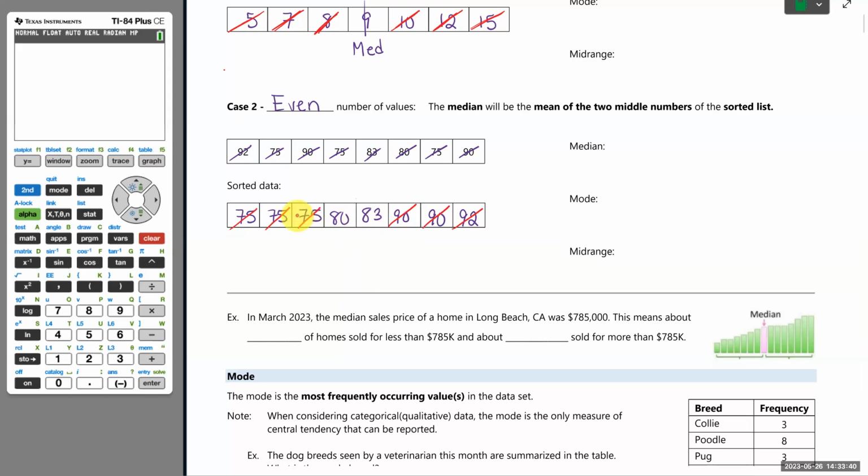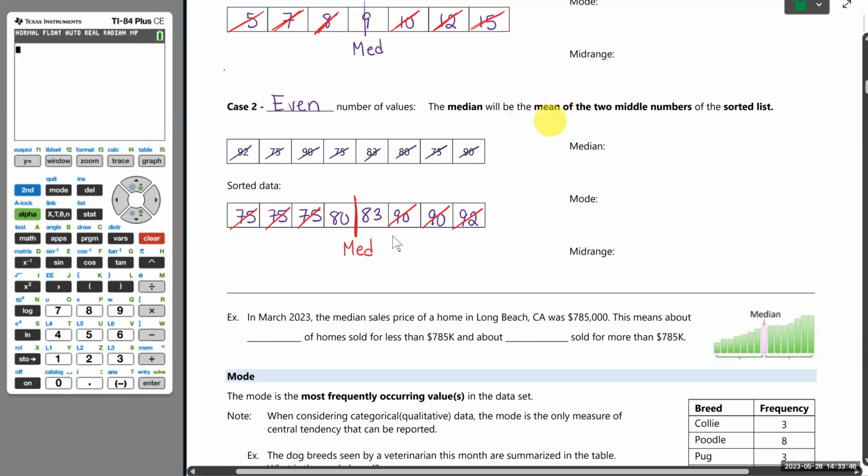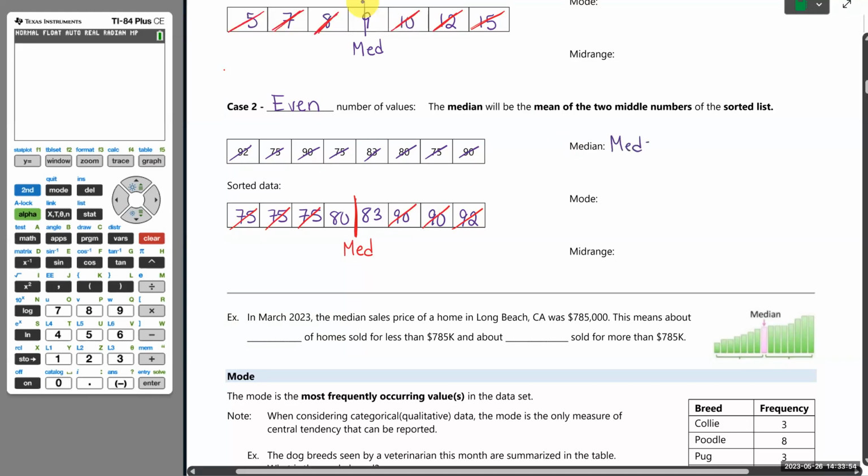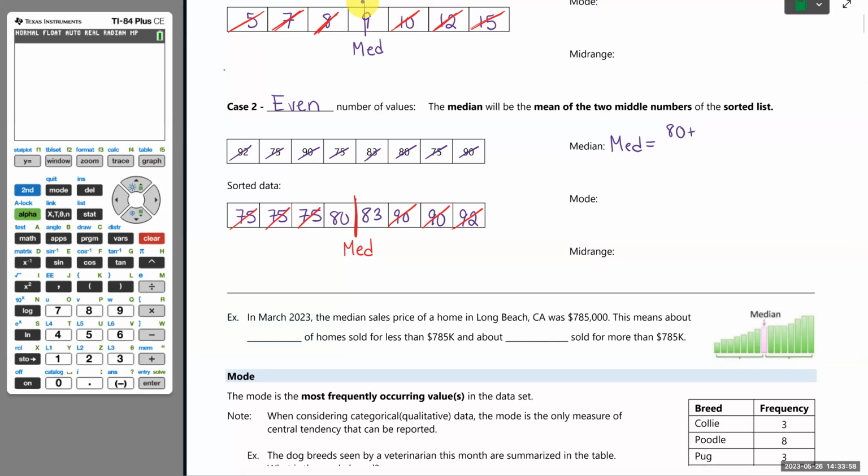In this case, the median will be the mean, or the average, of the 2 middle numbers. So for my median, I would be averaging 80 and 83. To find the mean, we just add those 2 numbers and divide by 2.